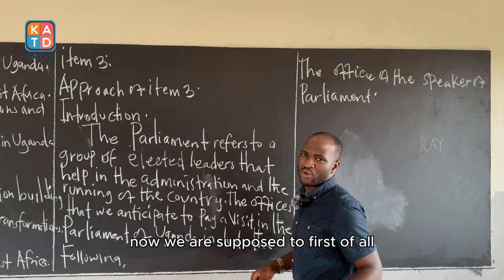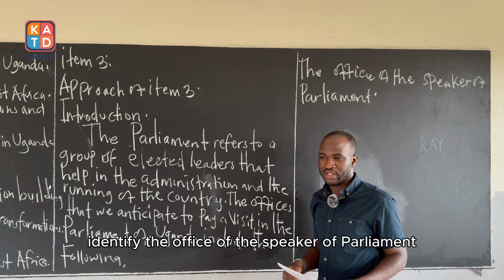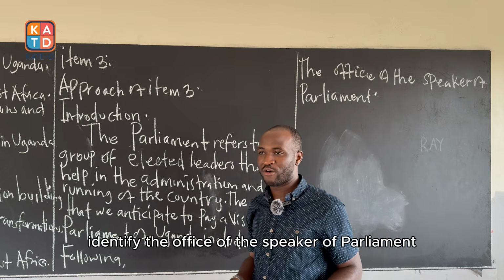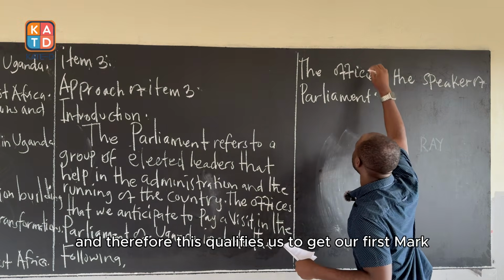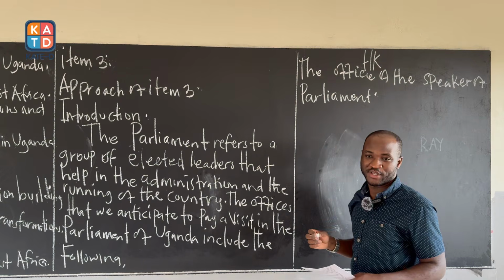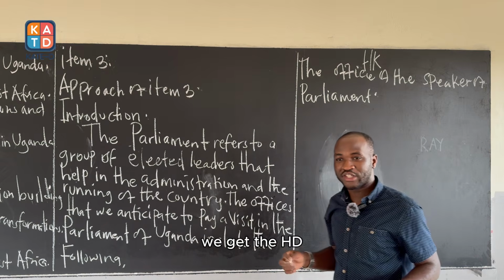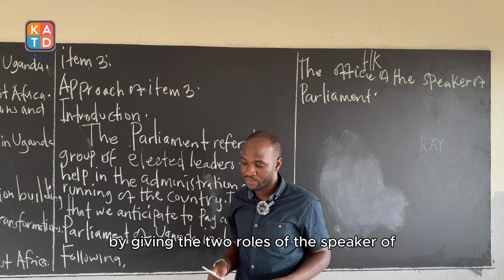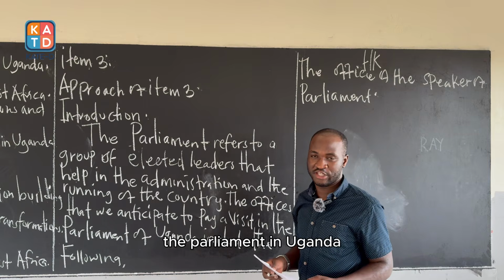Now, we are supposed to, first of all, identify the office of the Speaker of Parliament, and therefore, this qualifies us to get our first mark, that is the HK. Now, how do we get the HT? We get the HT by giving the two roles of the Speaker of the Parliament in Uganda.